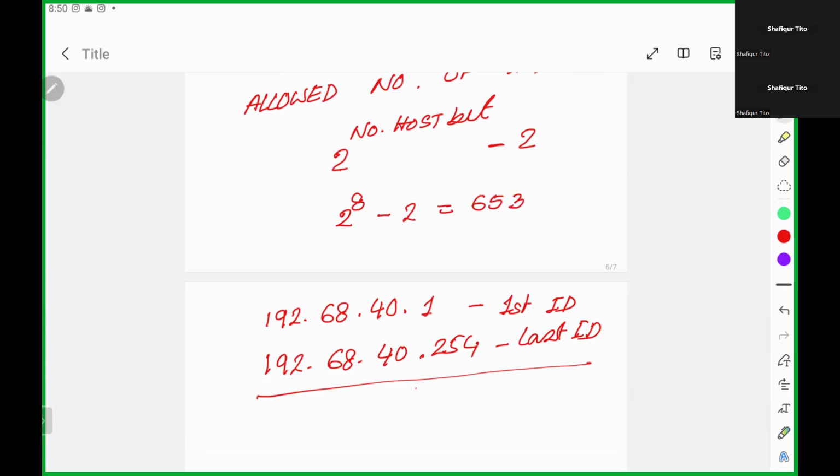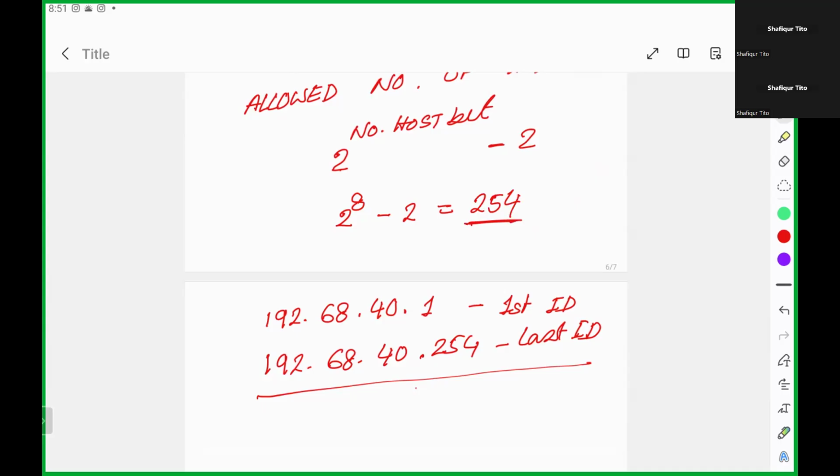I need to do the calculation. 2 to the power 8 is 256, minus 2, so 254, right? So this is the total number of host IDs I can use with the 8 bits of host address, or host bits.